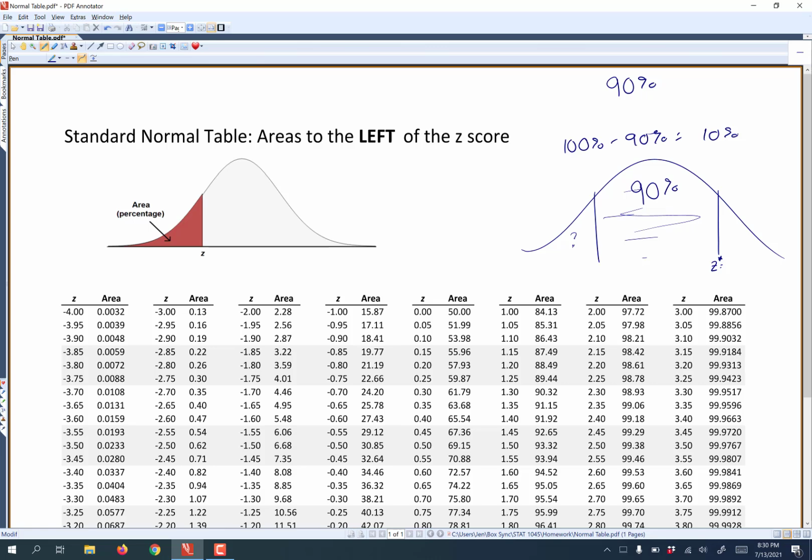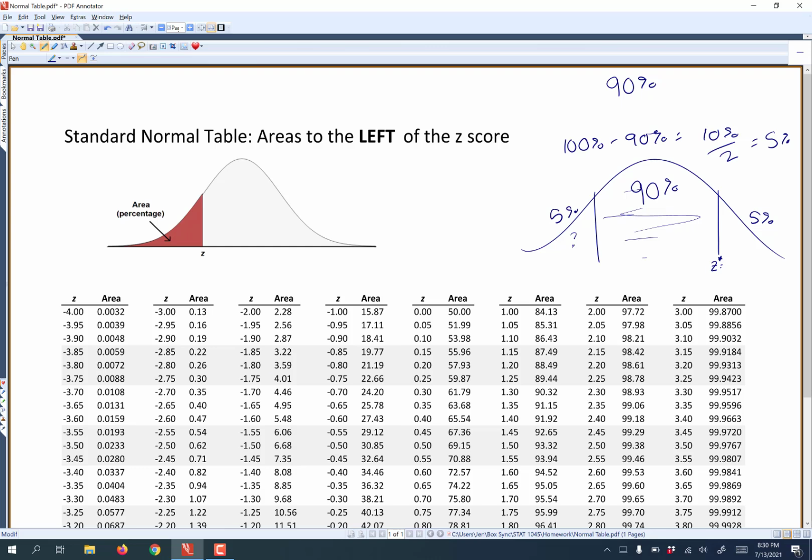Well, 10% is supposed to mean both tails, so I could divide that by 2 and get 5%. So I know there's supposed to be 5% in this tail, 5% in this tail. That's not memorizing the steps, it's just saying, okay, 90% is in the middle, that means 5% on both tails. So now you want to look for a z value that has 5% to the left.